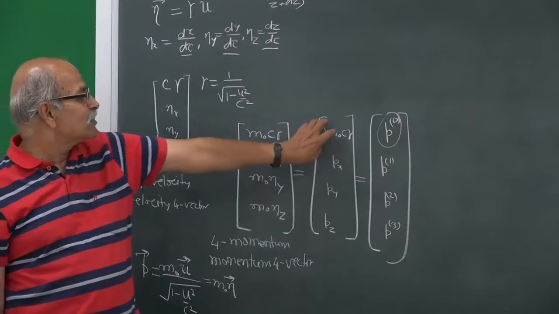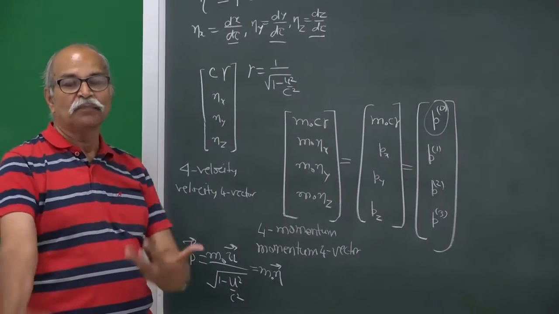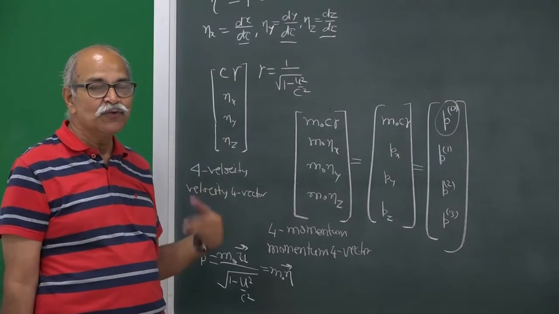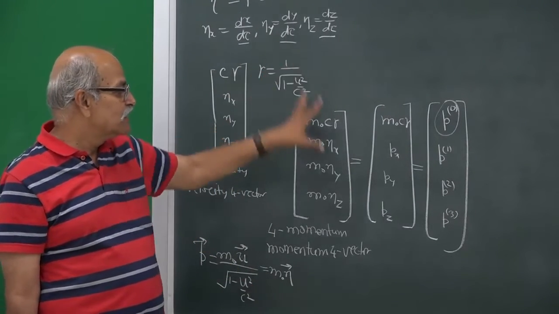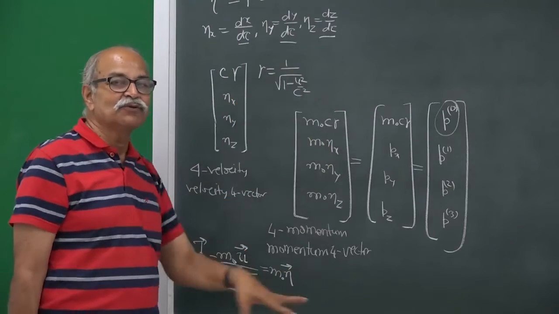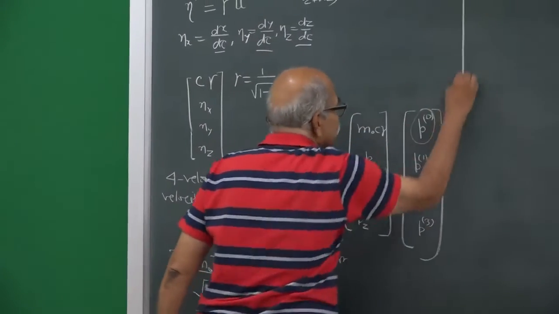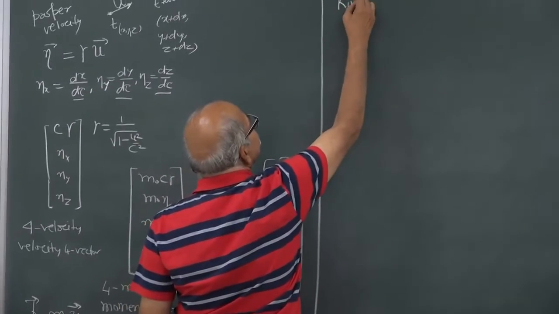Now, to understand this quantity, we will start a new topic, and that is kinetic energy. How do we get an expression of kinetic energy if the speeds are not limited to small speeds compared to c? So, let us talk of kinetic energy.